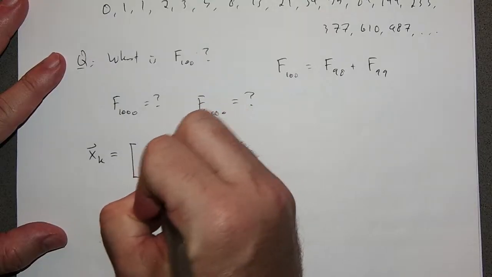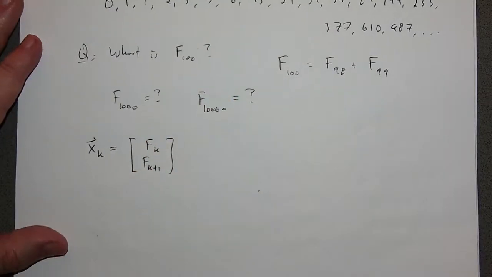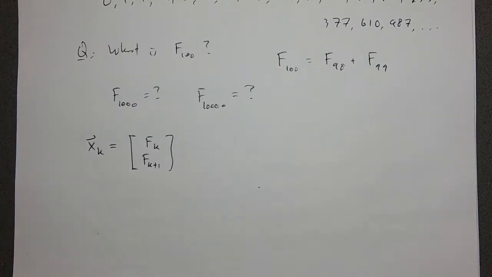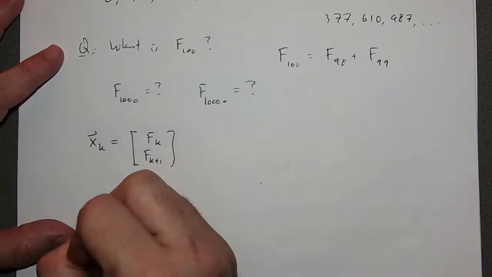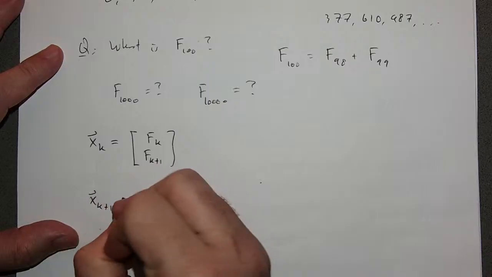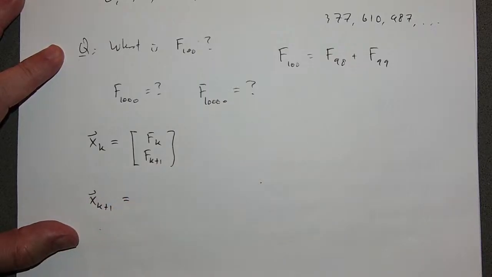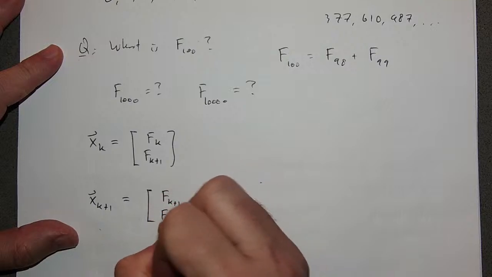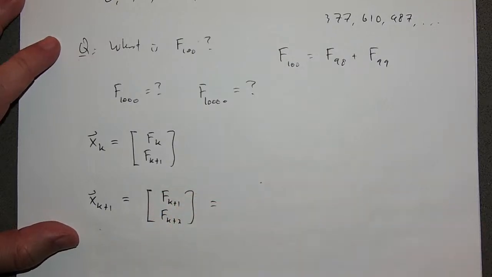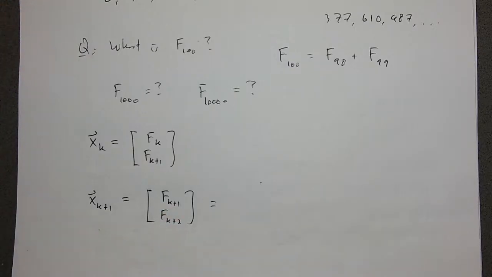And now, instantly, this question of how these are related to discrete dynamical systems, you've probably figured out. Because now, if I wanted to keep track of these using a discrete dynamical system, x sub k plus 1 is the same as f sub k plus 1, f sub k plus 2, which I'm going to keep as f sub k plus 1.